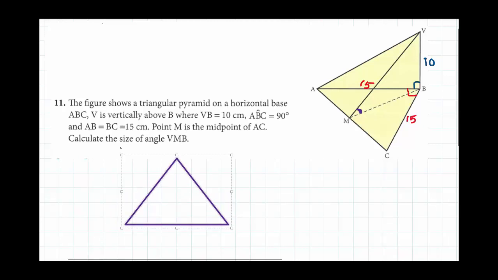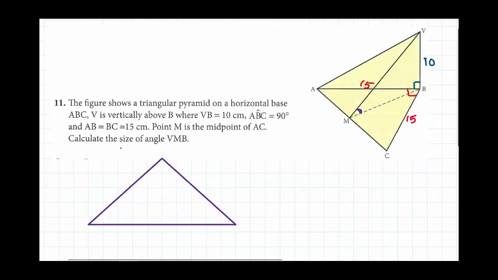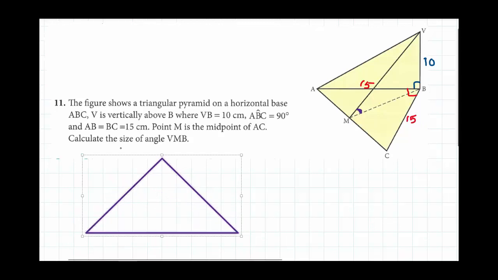In the question, it's given that this angle B here is 90 degrees. This length, which is BC, is 15, and this length, which is BA, is 15.